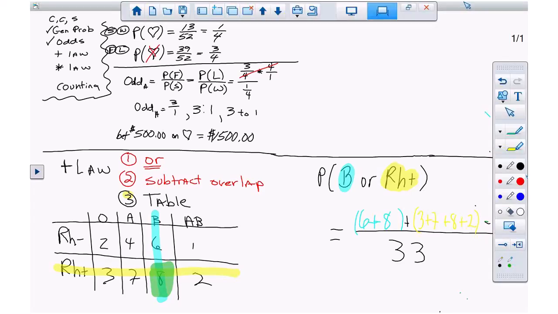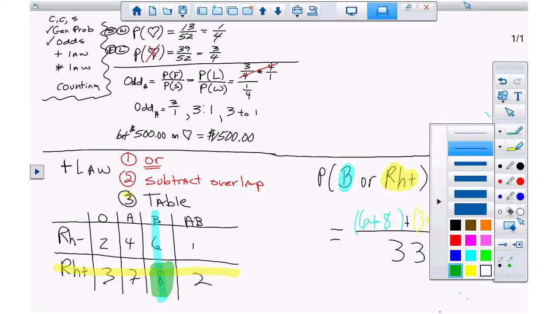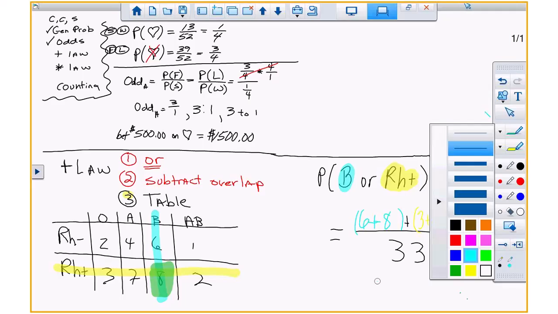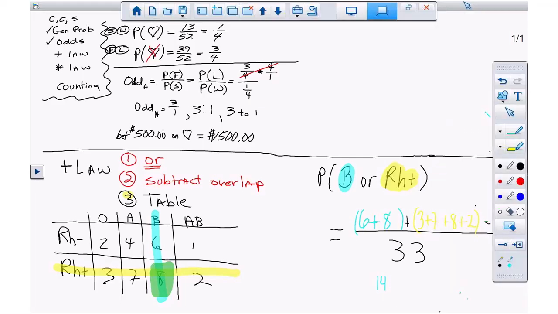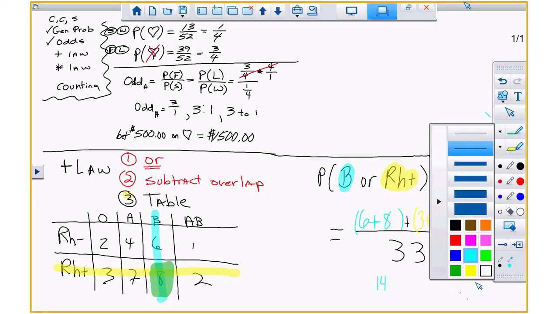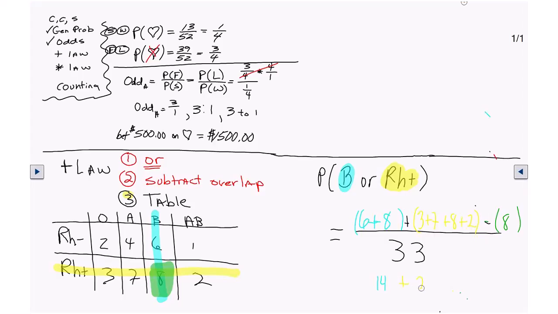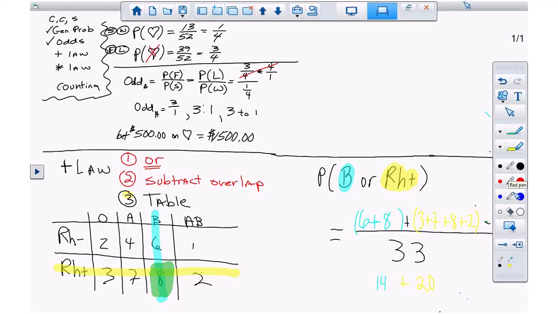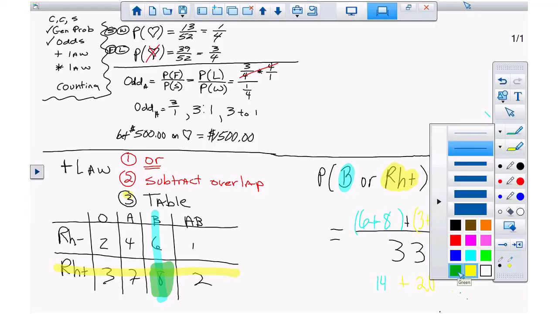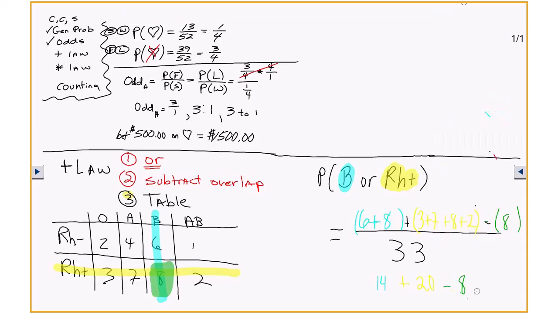So let's do our adding. Hopefully y'all can do that. 6 plus 8 is 14. Yellow. 3 plus 7 is 10, and 8 plus 2 is 10. That's 20. And then green, minus 8. Well, 20 plus 14 is 34.